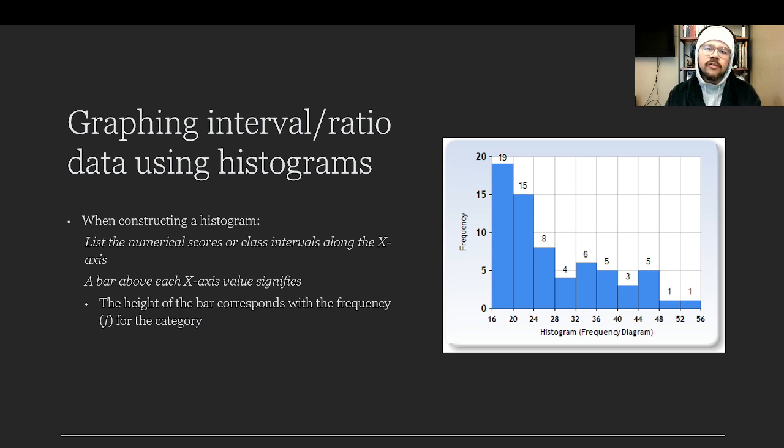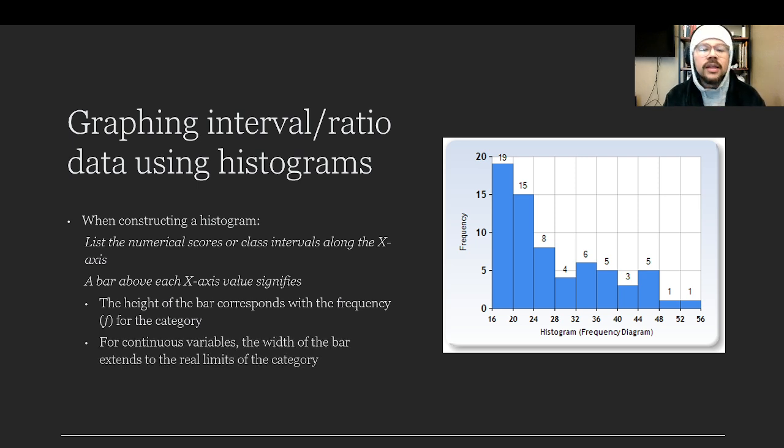However, you're maybe wondering, you said in the last video that all these categories have to be mutually exclusive. And you are right, they do, and the categories represented in this histogram are in fact mutually exclusive. But this is a histogram, and there's a reason for it.